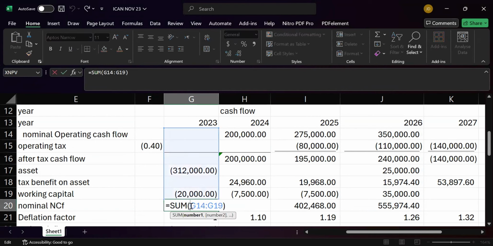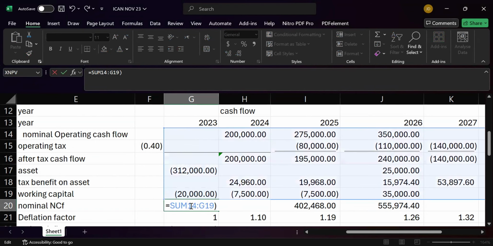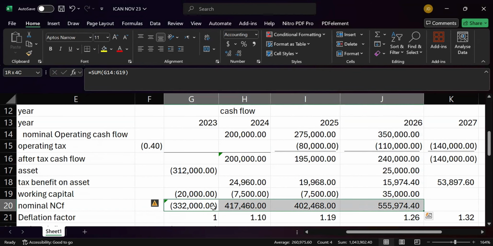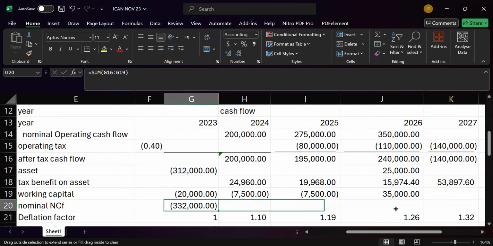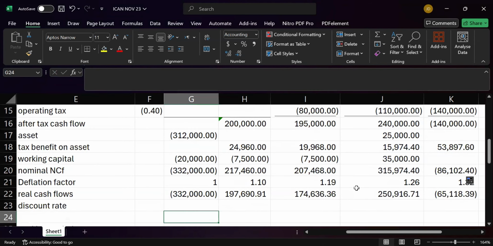So I will need to change the formula here, so that my addition will come from here.